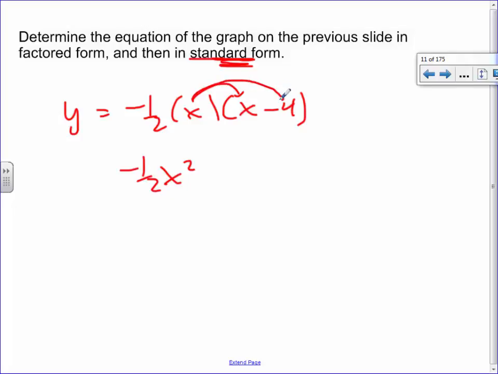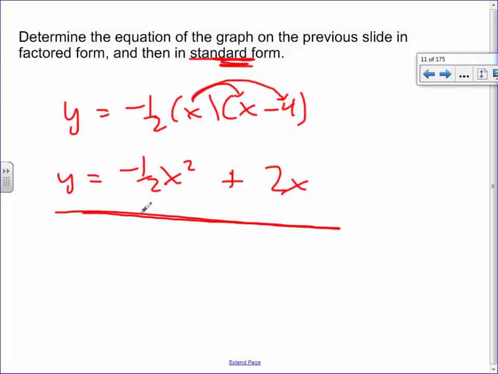And when you foil the x by the minus 4, it'll give you minus 4x. But then you're multiplying it by negative 1/2, so minus 4 and minus 1/2 will give you a plus, and 4 cut in half gives you 2. So this would be that same equation as this one, only now it is in standard form.